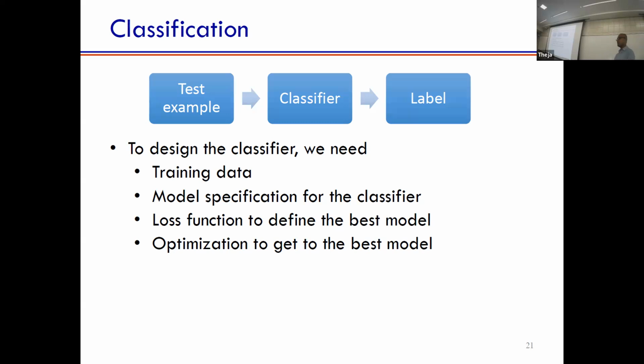You want to specify which types of models you want to use. You want to define your loss function, because we have seen many variations of loss functions, perhaps mean squared loss and mean absolute deviation, and maybe some other losses. We'll see some losses later.